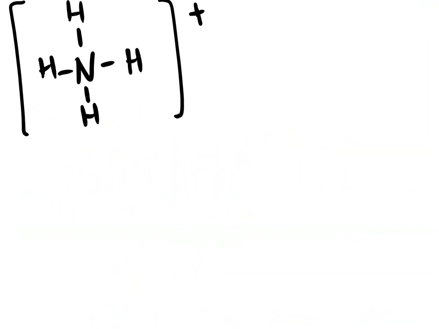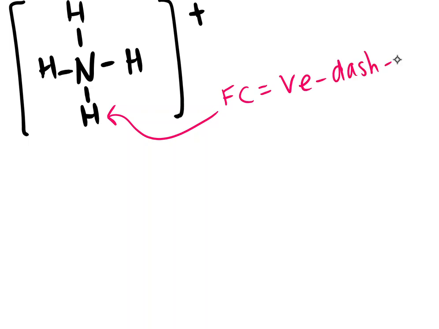Let's just work a few examples. Okay, on this one, let's look at the formal charge on the hydrogen. Remember, formal charge equals valence electrons minus dashes minus dots.